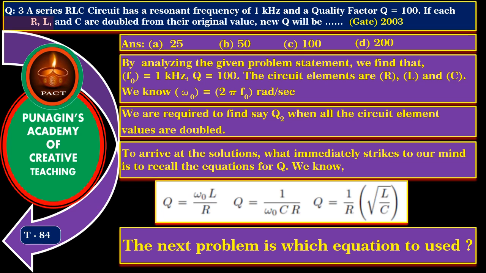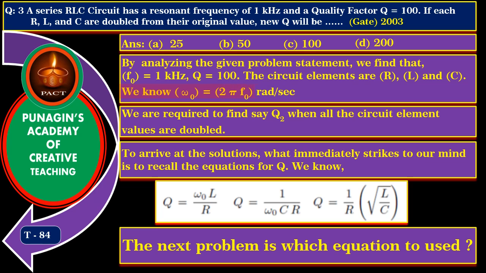If each R, L and C are doubled from their original value, find the value of new Q. Friends, by analyzing the given problem, we find that F naught is equal to 1 kHz, Q is equal to 100. The circuit elements are R, L and C.